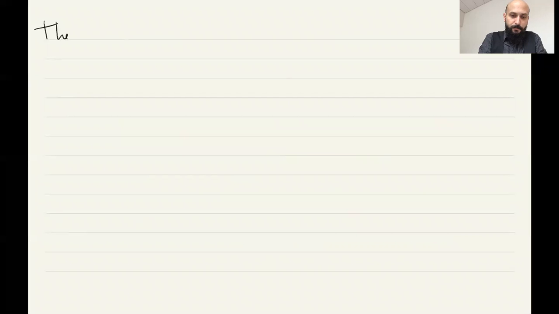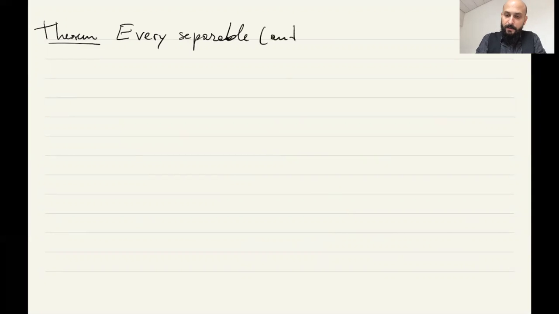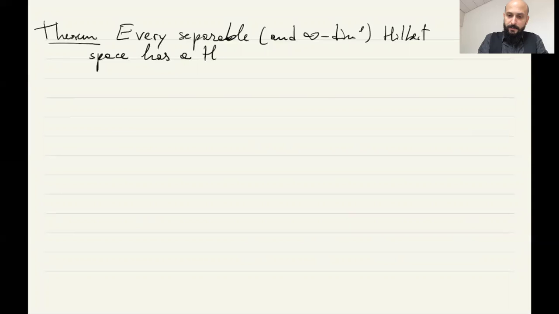So, theorem: every separable and infinite dimensional Hilbert space has a Hilbert basis.